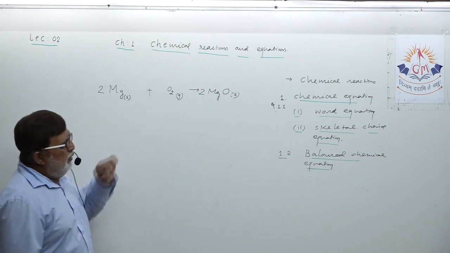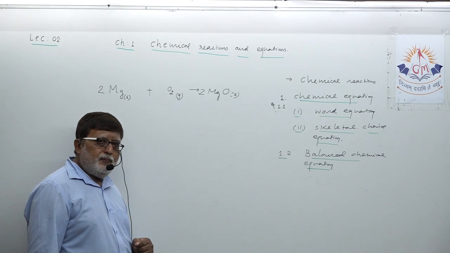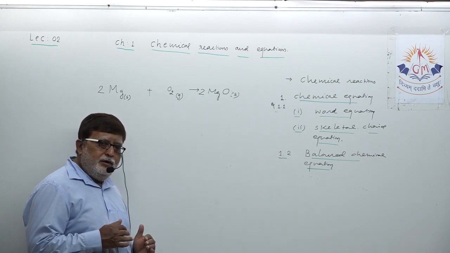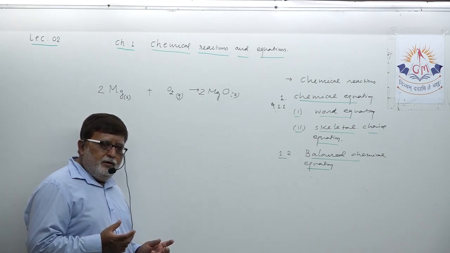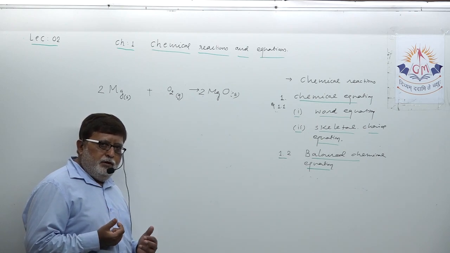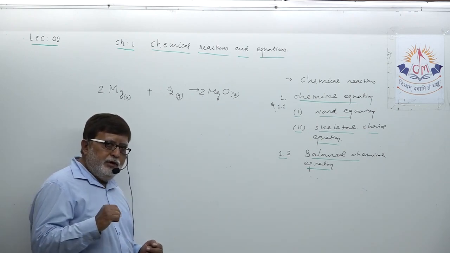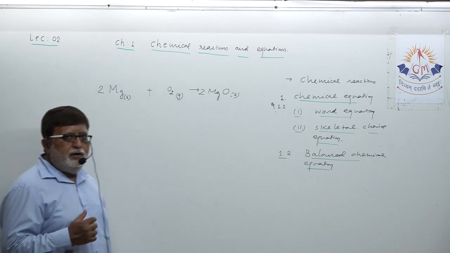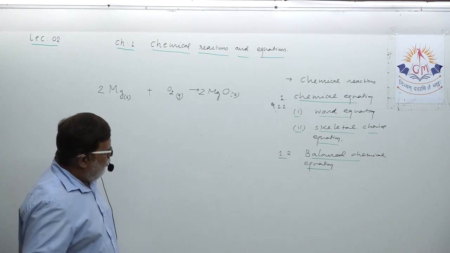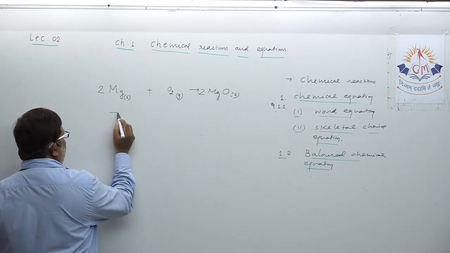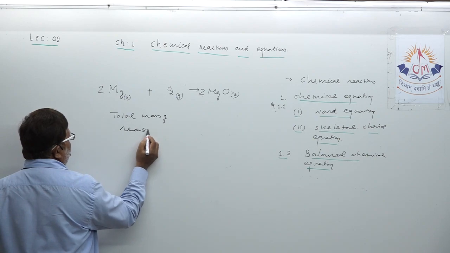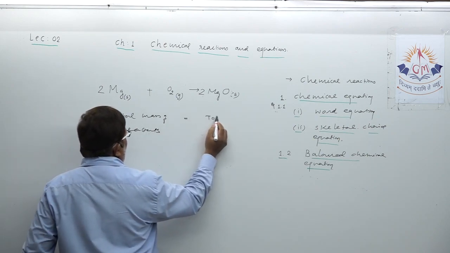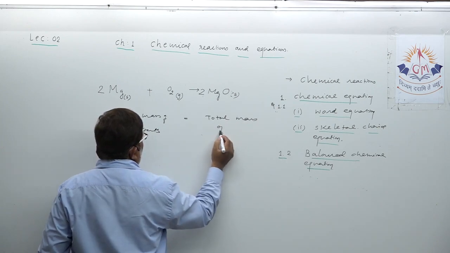So actually, dear student, when you are trying to balance any chemical equation, ultimately you are not only assuring that the number of atoms of all elements becomes equal on both sides of the equation, but at the same time, knowingly or unknowingly, you are trying to justify that the total mass of reactant, if I write here, total mass of reactant equals total mass of product.